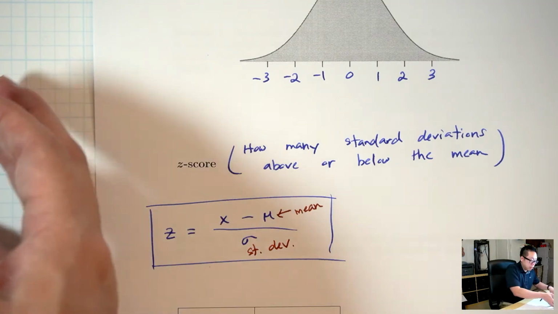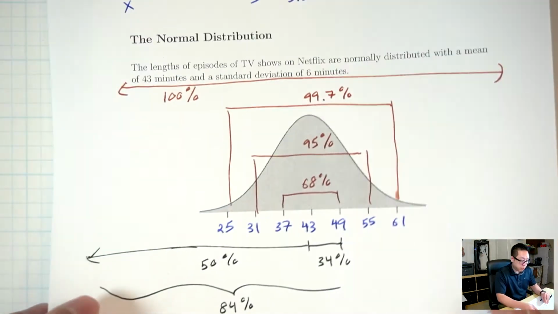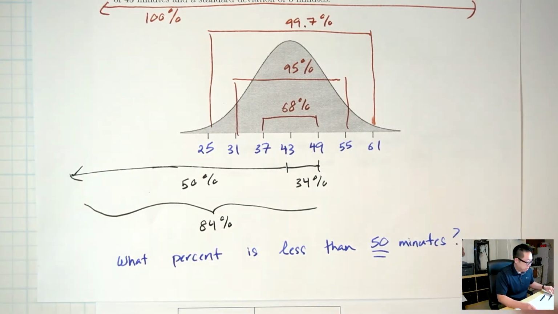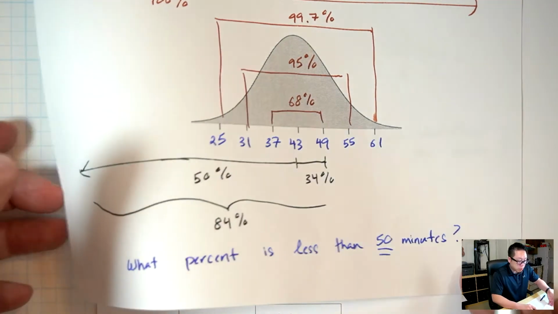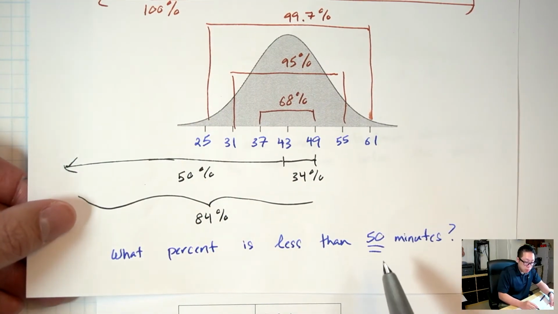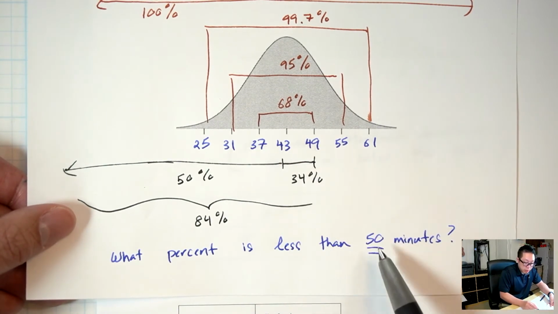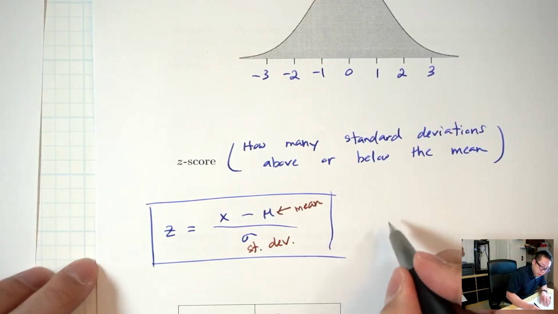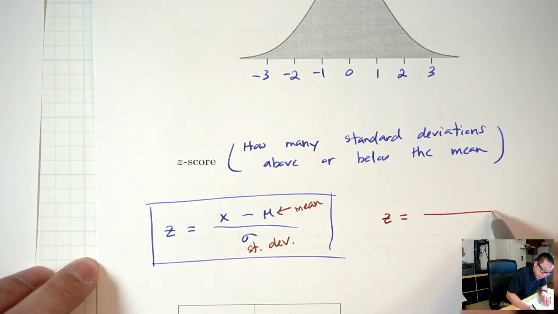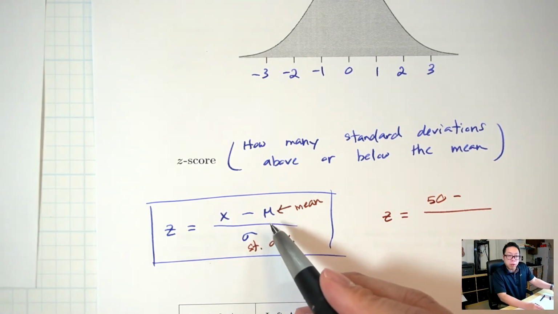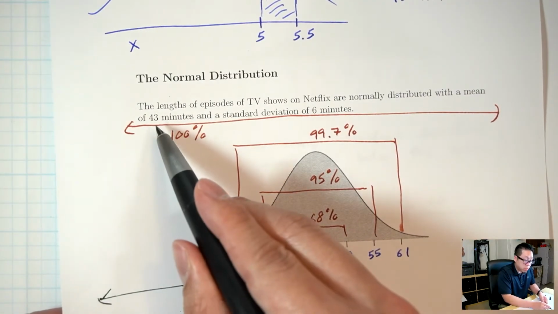Okay, so now let's use this formula on this situation. Okay, so I want to know exactly how many steps 50 is above or below the mean. Okay, so this 50 is my x. Minus the mean. The mean was 43.